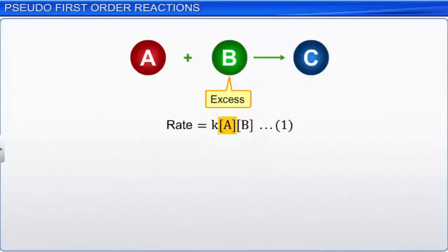Hence, k multiplied by concentration of B can be replaced by another new rate constant, k dash. As a consequence, equation 1 can be simplified and written as rate is equal to rate constant k dash multiplied by concentration of A. A chemical reaction in which one of the reactants is present in excess and shows an order different from that of the expected order is called a pseudo-order reaction.